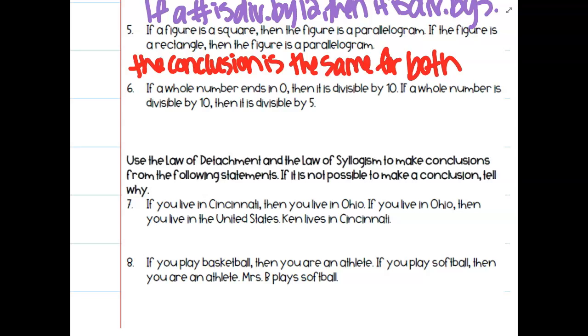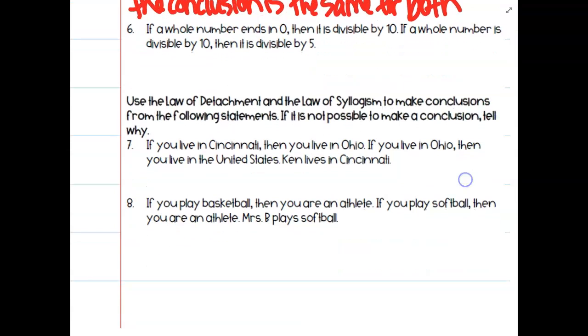Okay. And then the last one here for this one, if a whole number ends in 0, then it is divisible by 10. If a whole number is divisible by 10, then it is divisible by 5. So the conclusion of the first, divisible by 10, should be the hypothesis of the next one, is it? Yeah. So what can I conclude from this?